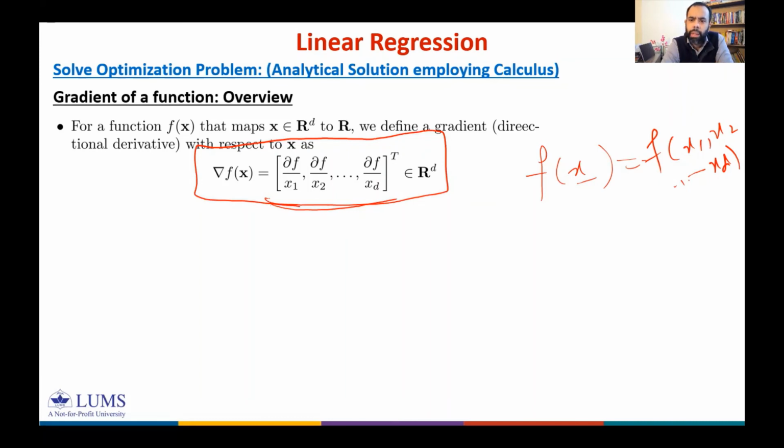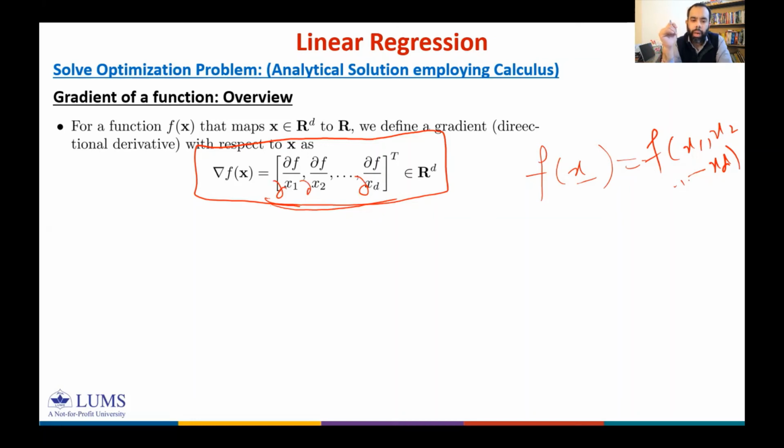So how do you interpret this? What is the first component? Oh, hang on, it should be partial f over partial x1, partial x2, and partial xd. I will update this in the notes, my apologies. The first component, partial f over partial x1, is quantifying the rate of change of the function with respect to x1.